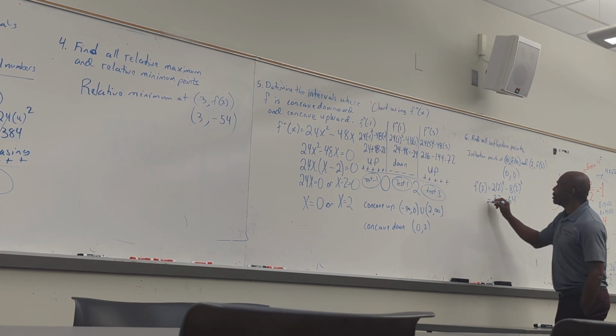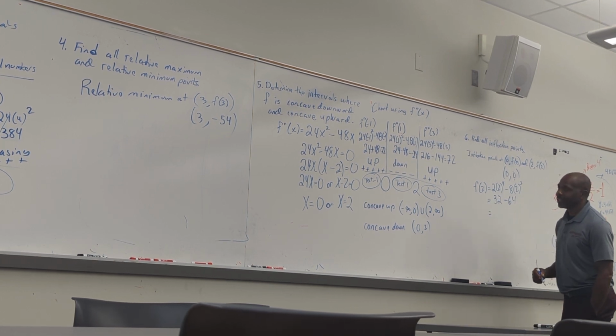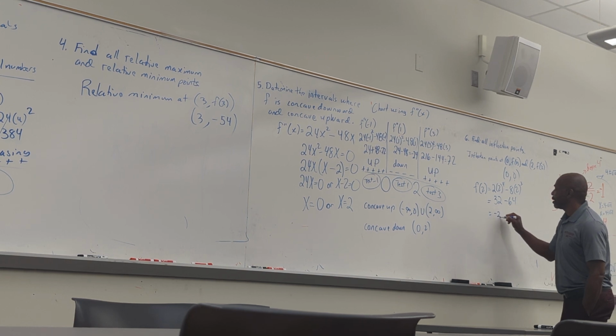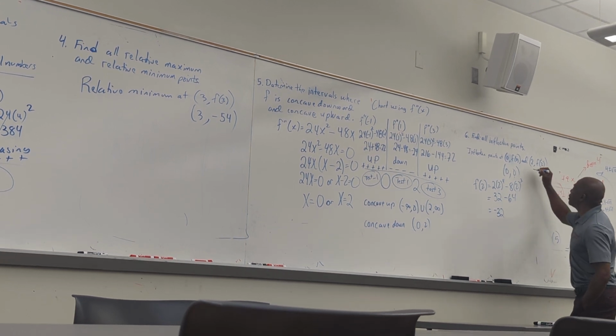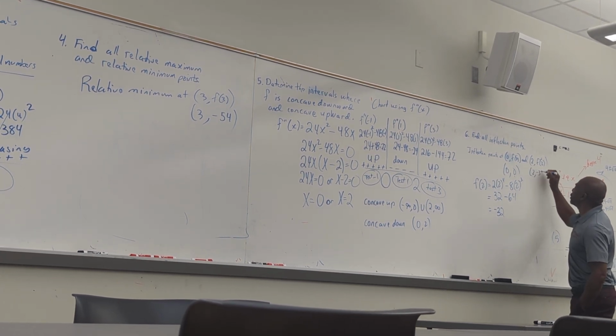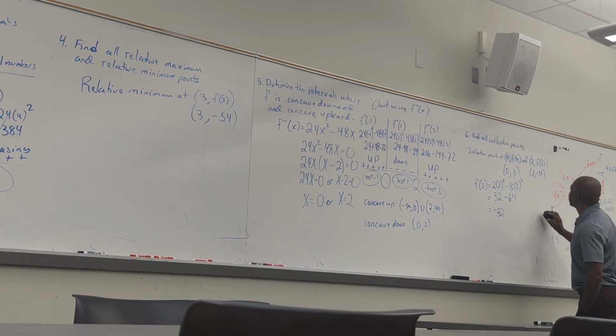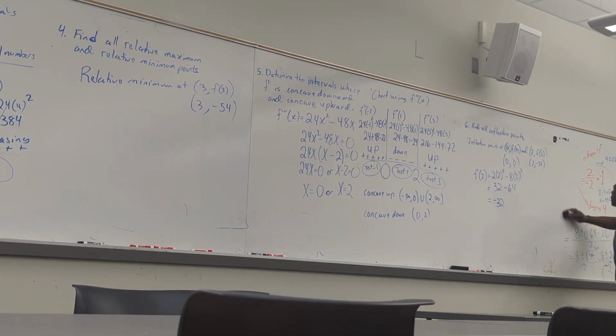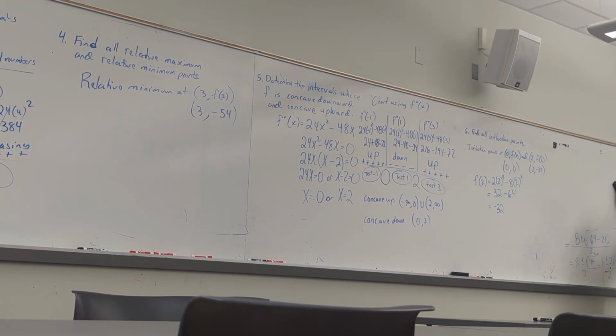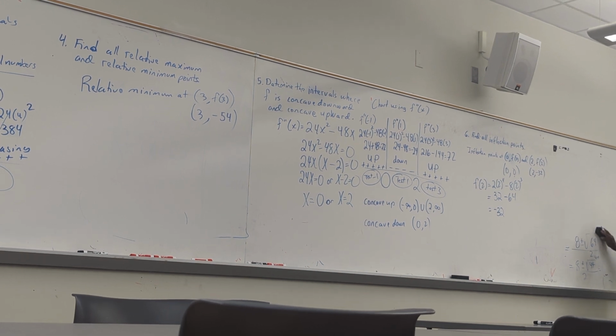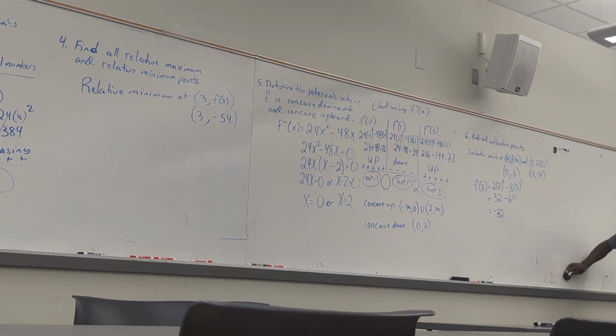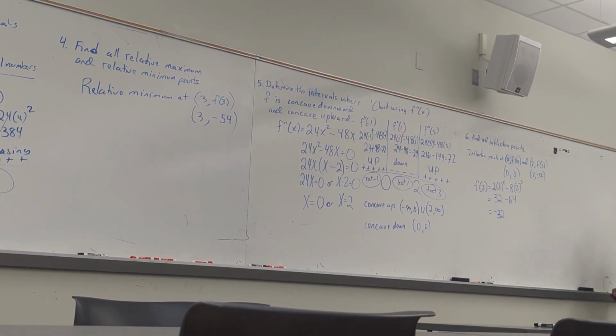And 32 minus 64 is negative 32. So that point there is 2, negative 32. We good?